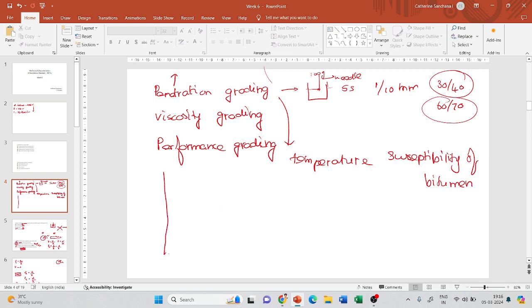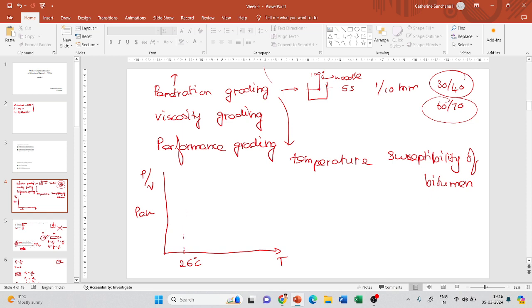Let me make a plot of temperature and say penetration or viscosity. It can be anything. So let us take only penetration. This penetration at 25 degrees is what I'm measuring for a penetration grading.